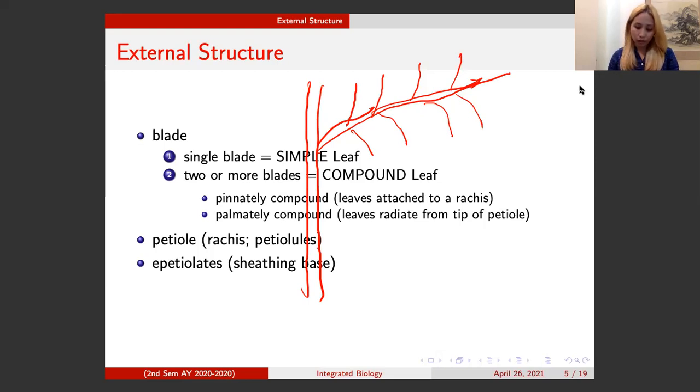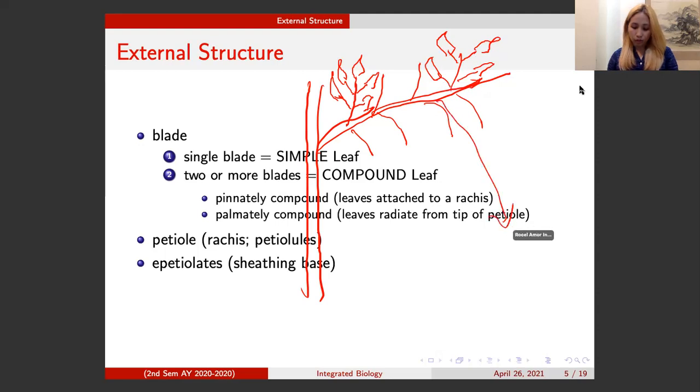So instead of having just one leaf growing out of the rachis, there are several smaller leaves growing out of this. So these are all still leaflets, but the extension that is connecting these leaflets to the rachis are what we call petioles. So this would be your petiole, this would be your rachis, and these small extensions would be the petioles.